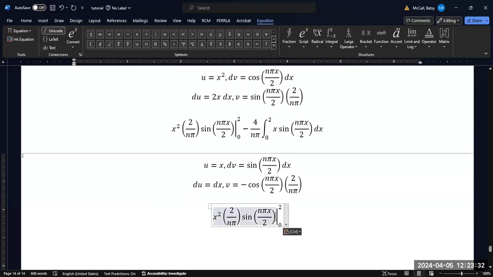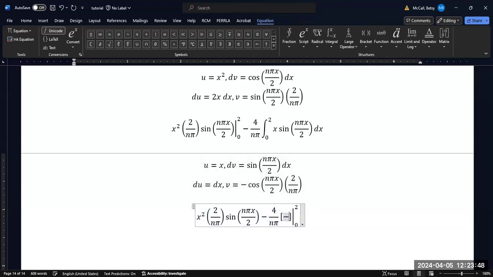And so now in here, we're going to have our 4 over n pi coefficient we had from before. And we're going to evaluate uv.